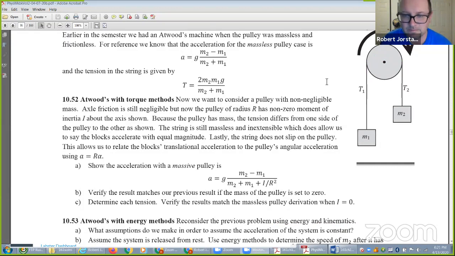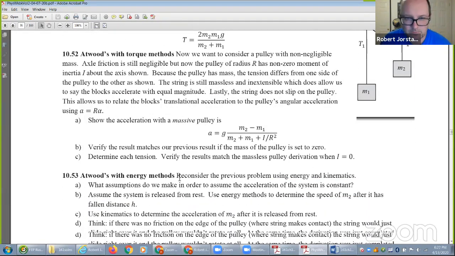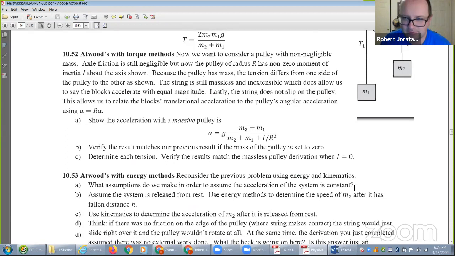I'm stopping that. All right, let's get to it here. Reconsider. Part A. So what assumptions do we make in order to assume the acceleration of the system is constant? Well, that is somewhere here. The string is massless and inextensible, and so they're going at constant rate, equal magnitude. So that's the big one.